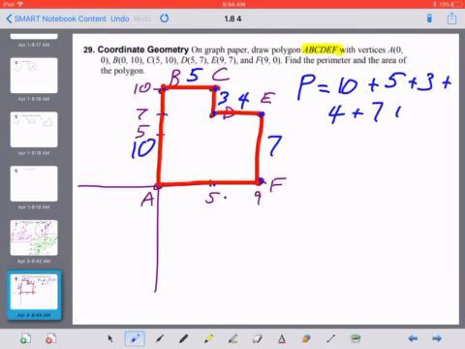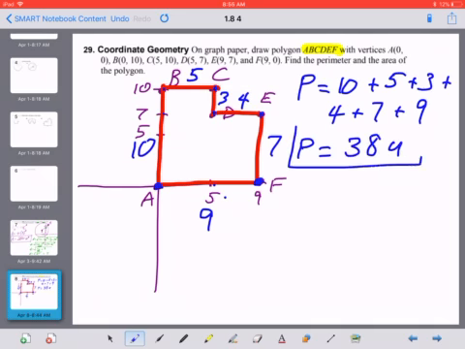And the last thing we had to connect was from F back over to A. From 9 back to 0, we've got a length of 9 down here on the bottom. So the perimeter is just going to be found by adding these 6 numbers together. No real order to this. The 10 and the 5 is 15, plus 3 is 18, 22. Another 7 gets us to 29, and 29 plus 9 is going to be 38 units for our perimeter.